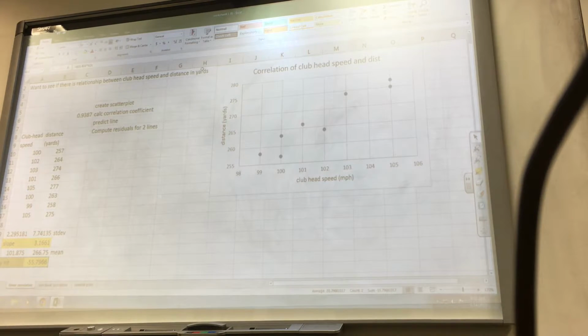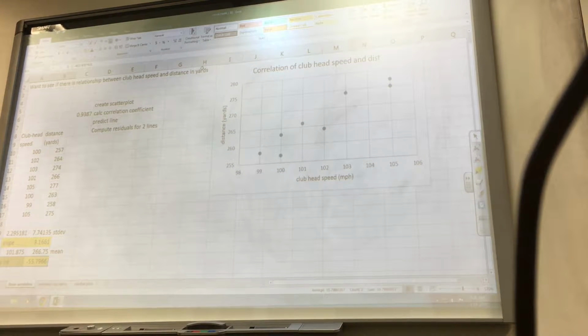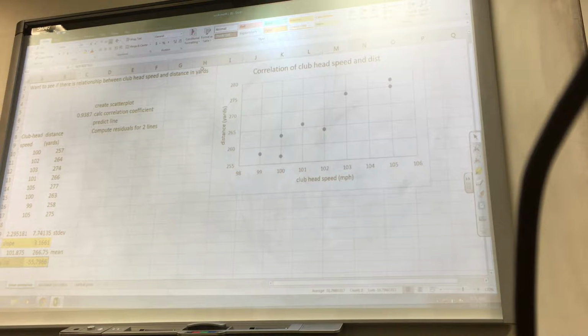What's b? My y-intercept, which is negative 55.7966. That's the equation we just came up with.